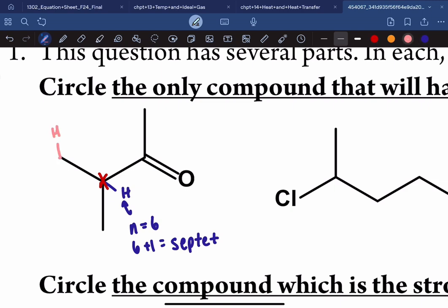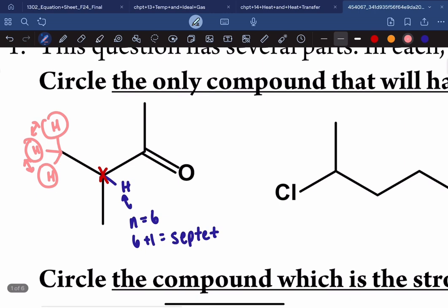Okay, so if we look at this hydrogen, or any of these, because these three are equivalent. These three all equal each other. So if we look at any one of these, and we do the n plus 1 rule, n plus 1 equals what? Find the number of neighbors, right? So this hydrogen is attached to this carbon, which is attached to one carbon, which has one hydrogen.